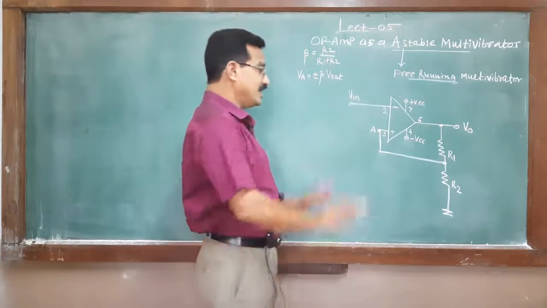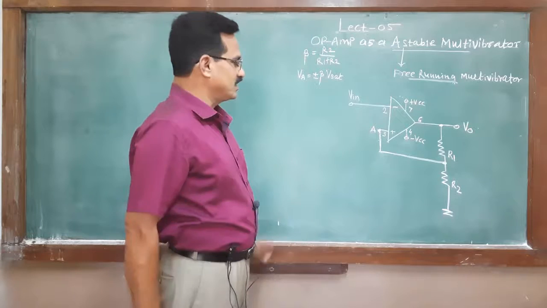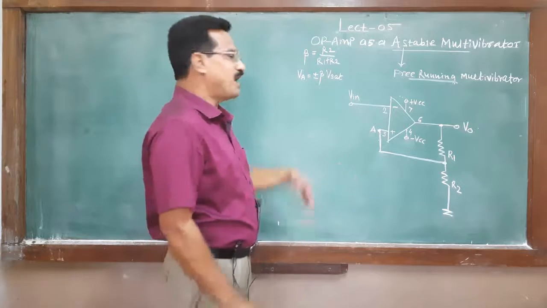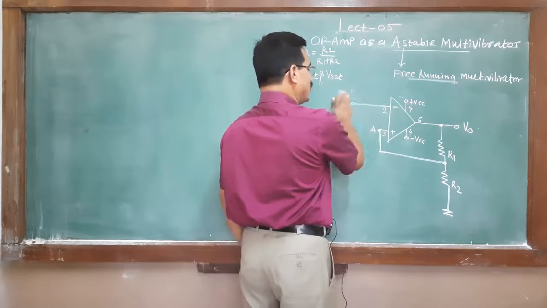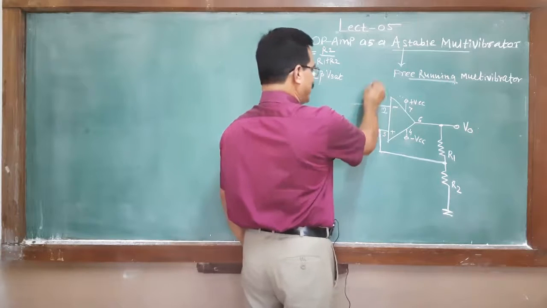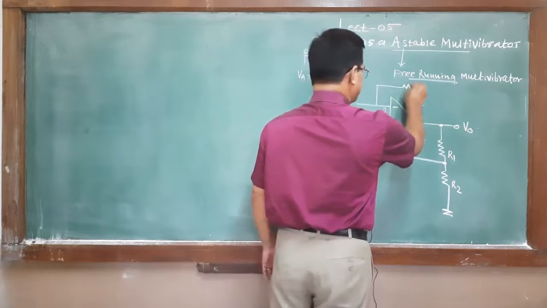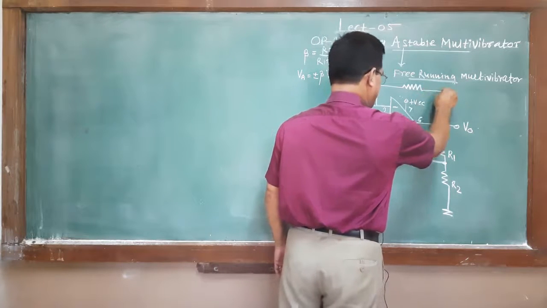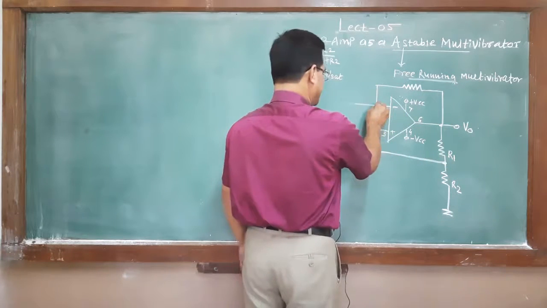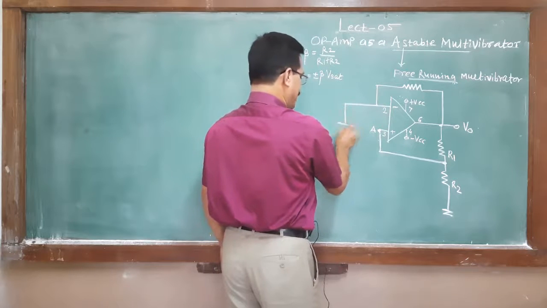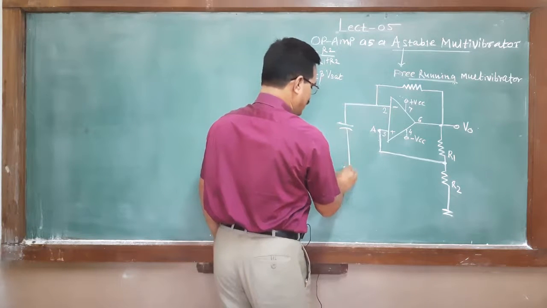Remember this. In addition to this, suppose the input is supplied by using an RC low pass filter. RC low pass filter means a resistor is used, and in addition a capacitor is used and it is grounded.